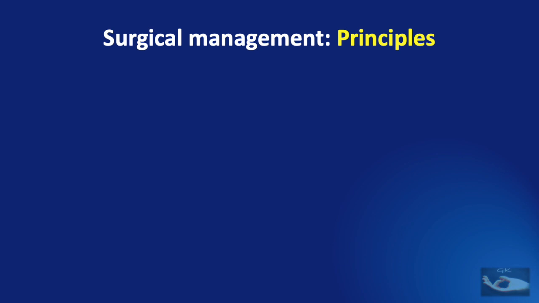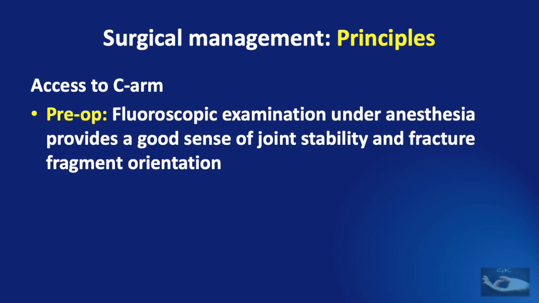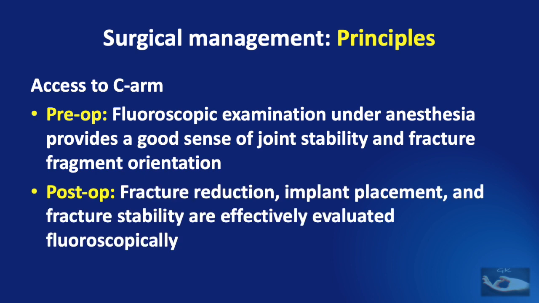One of the important points to remember when we are planning a surgical management for a condylar fracture is access to a C-arm or a mini C-arm. This would help us both preoperatively, where a fluoroscopic examination under anesthesia provides a good sense of joint stability and fracture fragment orientation, and postoperatively also, where the fracture reduction, implant placement and fracture stability are effectively evaluated fluoroscopically.